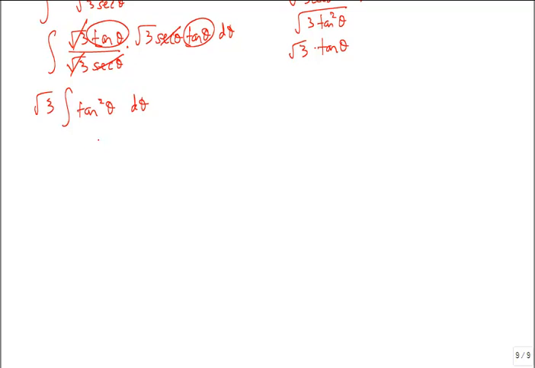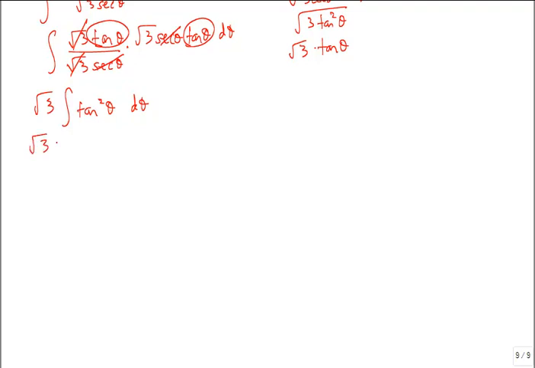It is not the derivative of some function. But secant squared theta is an antiderivative of tangent, or is a derivative of tangent. So if I change this to secant squared theta minus 1, then that makes this be making progress so that I can get to that final antiderivative faster.